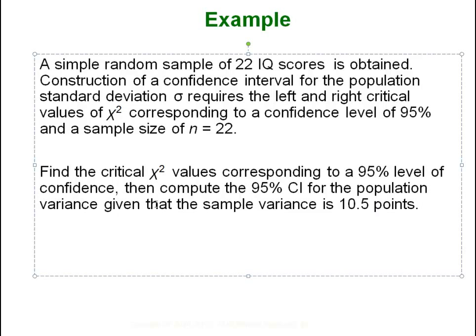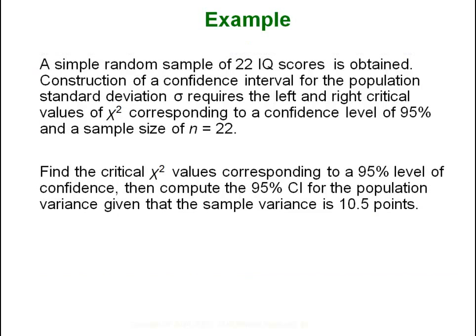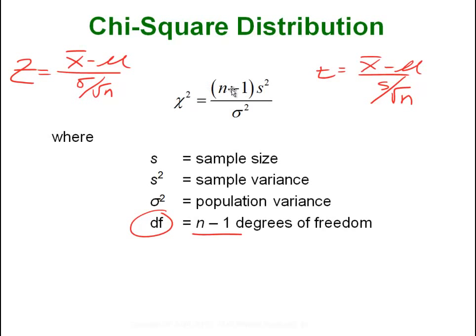We can do that with our formulas. They're very simple formulas. If you remember, you would just type in 10.5 because variance is already the s squared. That equals variance. So you're not going to square 10.5.